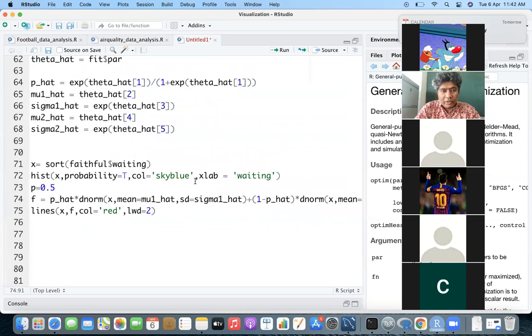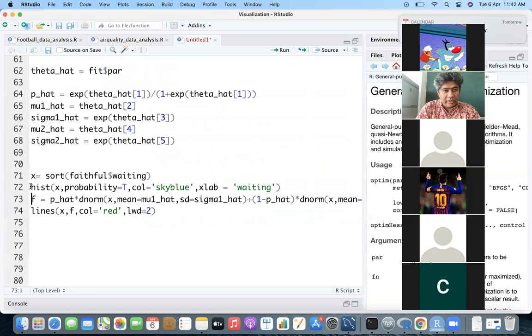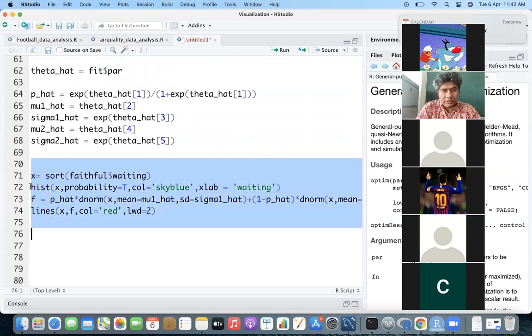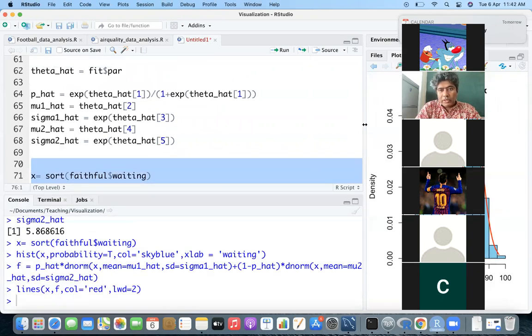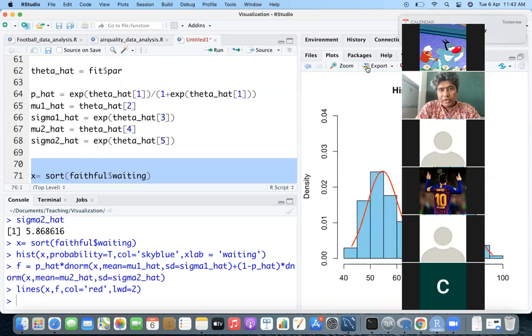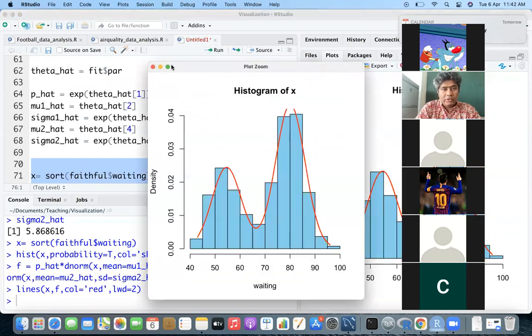Okay, let us run this. Oh, I don't want p equal to 0.5 here. Let us run this. Now you can see this is definitely much better.